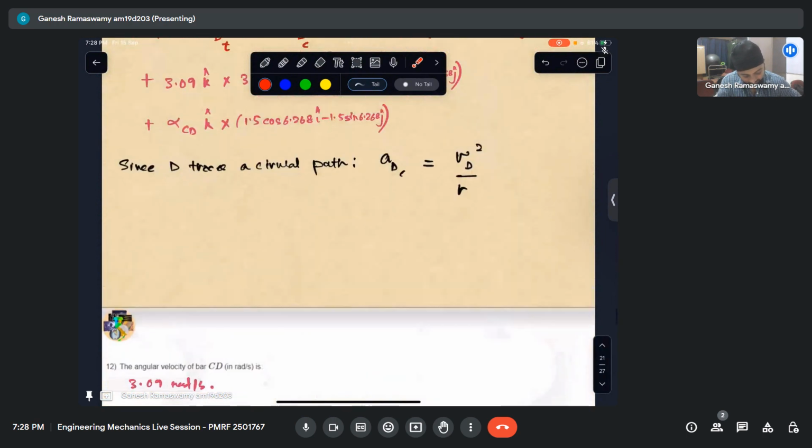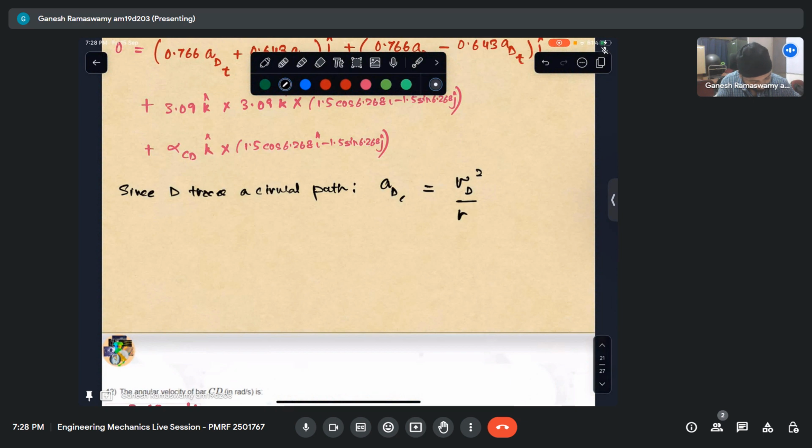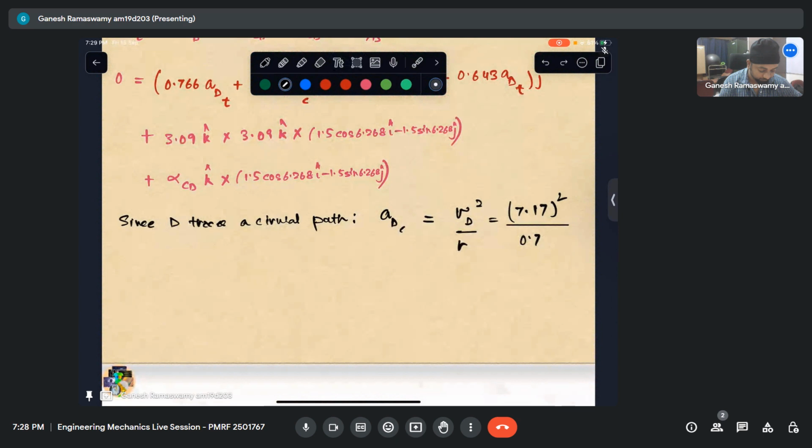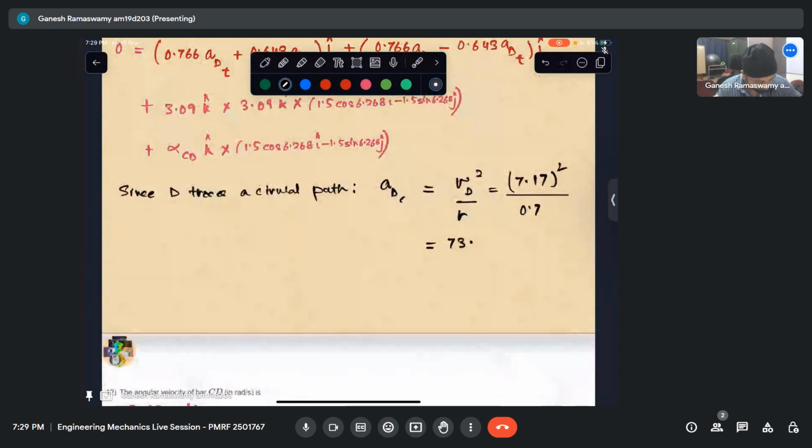This is 7.17 squared by 0.7. So this comes out as 73.44 meters per second squared along nc.